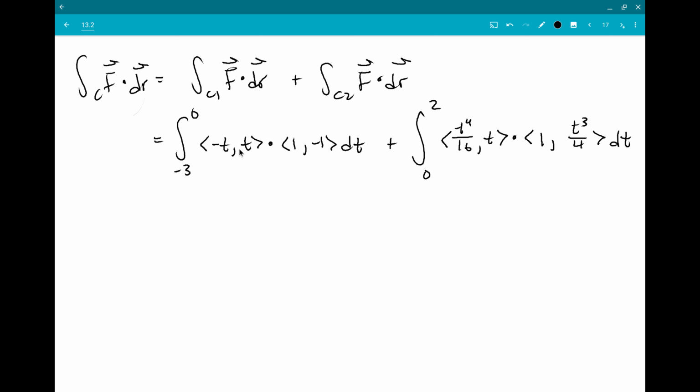Now I'm looking at integrals that depend only on time. I integrate with respect to time, and it's a 1D integral. The only tricky part is that I have vectors inside, but I'm taking a dot product, so it's fine. And from that dot product, I get minus t, so that gives me minus 2t dt right there.